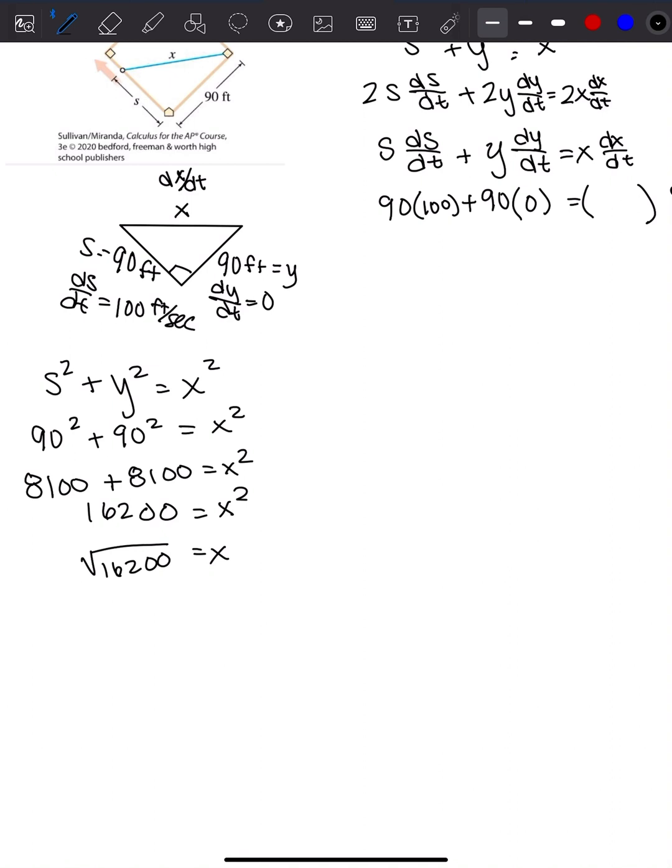This is not a very nice number, but if we have a calculator, it really won't be that big of a deal. We could plug that in, no problem. But if we think back to what we have, a right triangle where two of the sides are the exact same, so this would be a 45, 45, 90 triangle.